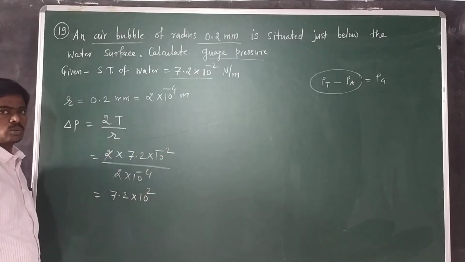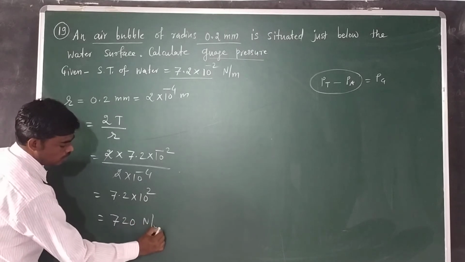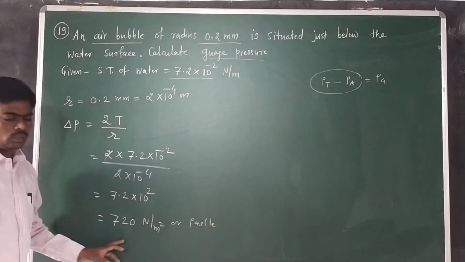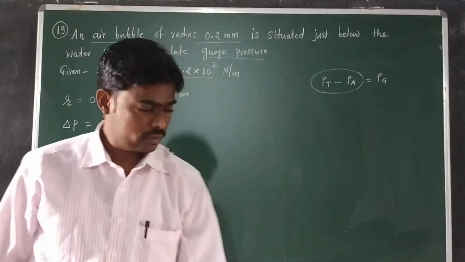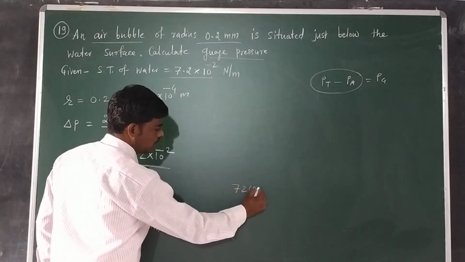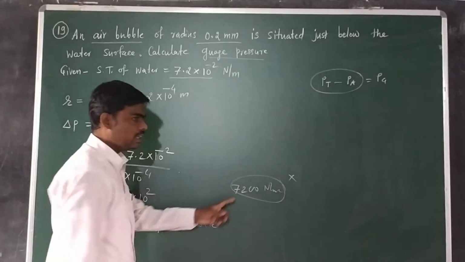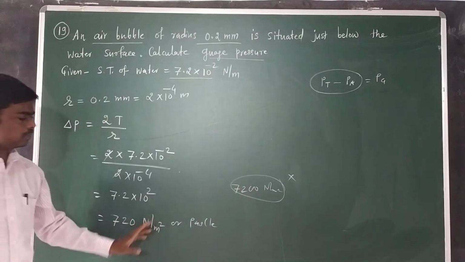We get plus 4. That means answer is 720 Newton per meter square, or it is also Pascal. So in textbook, the answer is wrong. There is printing mistake. It is given 7200 Newton per meter square, but this is printing mistake. The correct answer is 720 Newton per meter square.